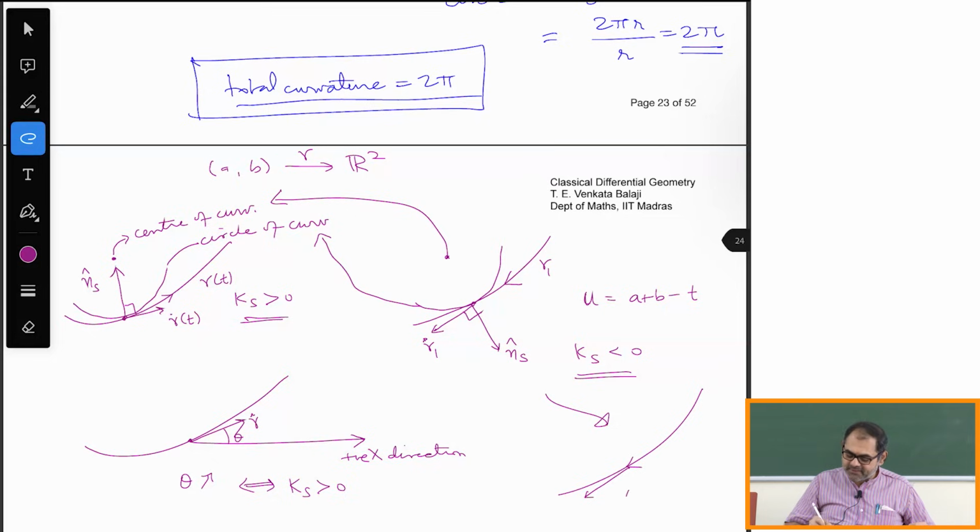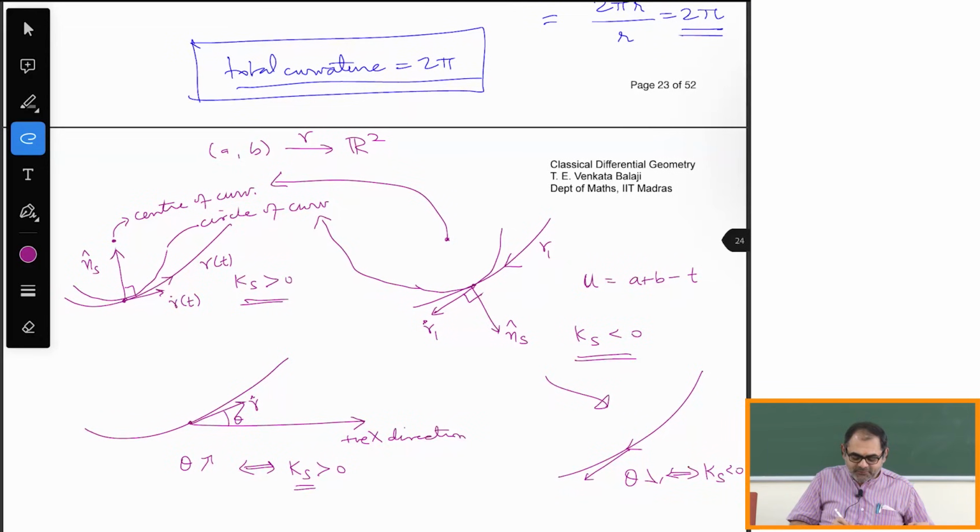Therefore here theta is decreasing, and you can see that the signed curvature is negative. So for an increasing function the derivative is positive, and for a decreasing function the derivative is negative. This should tell you that you should expect the signed curvature to be the derivative of this theta. That is what correlates with this.